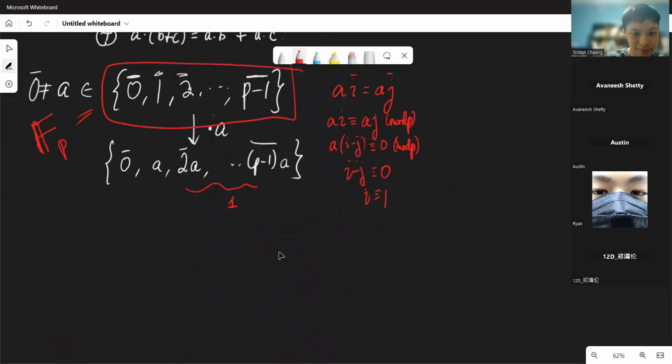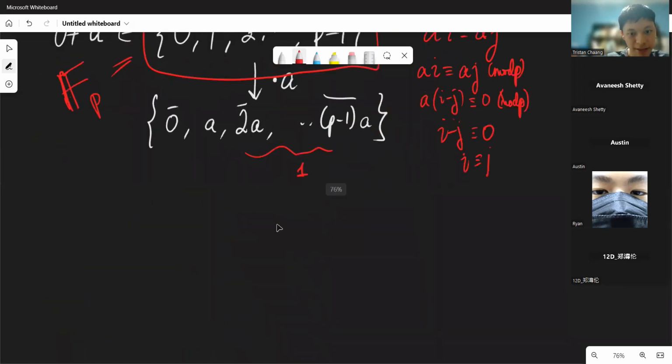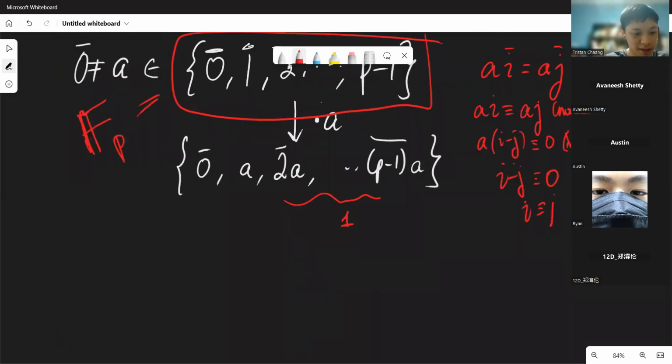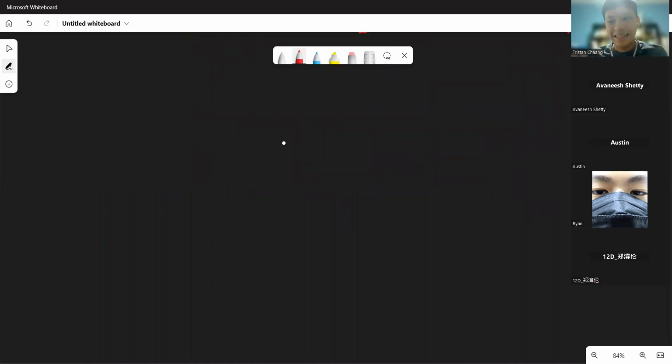So now we have this new field called F_p. And let's look at a few other properties of fields. Again, since it's a completely new abstract definition, we have to make sure that every single property that we prove here is logically accurate, as in we don't say, oh, it works for the real numbers, so it should work for any arbitrary field.